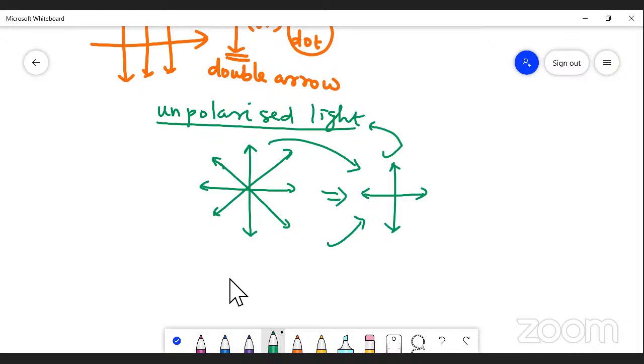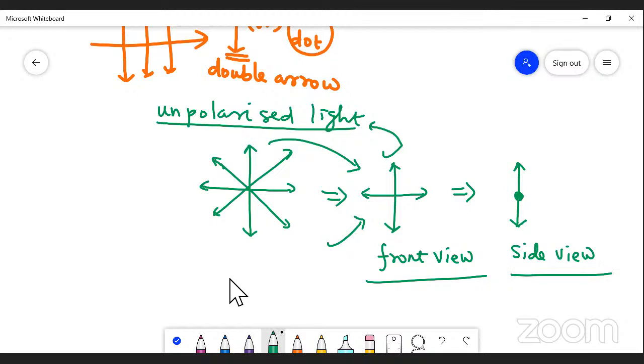So this image also represents unpolarized light. This is the front view of unpolarized light. But the side view of unpolarized light is represented like this: two double arrows with a dot, a double arrow with the dot. Okay, side view. So all the images show unpolarized light.